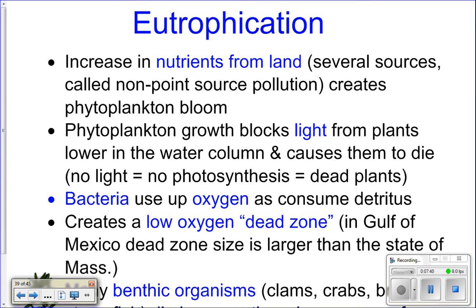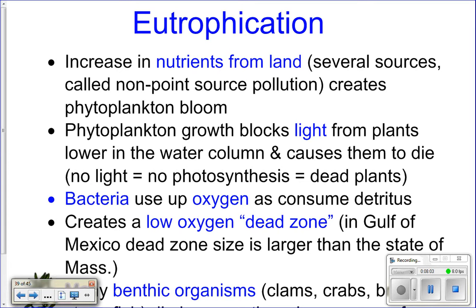If these seagrasses and other plants don't get light, they can't do photosynthesis, and if they can't do photosynthesis, they die. When they die, they decay, and bacteria are the types of things that will be decaying these dead plants. As bacteria do the process of decomposition and break down these dead plants, they use oxygen. So decomposition requires oxygen to happen.